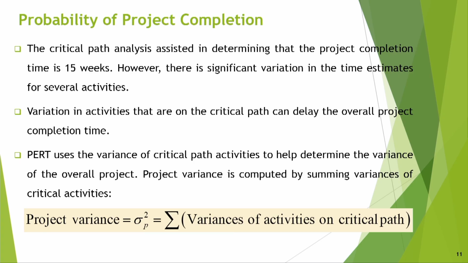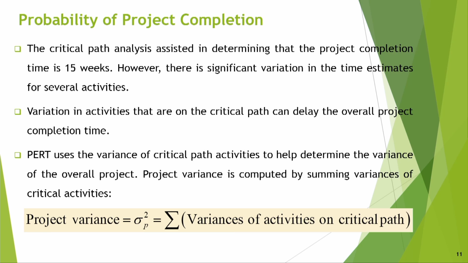So, now probability of project completion. The critical path analysis assisted in determining that the project completion time is 15 weeks, suppose, and however there is a significant variation in the time estimates for several activities. Variation in activities that are on the critical path can delay the overall project completion time.